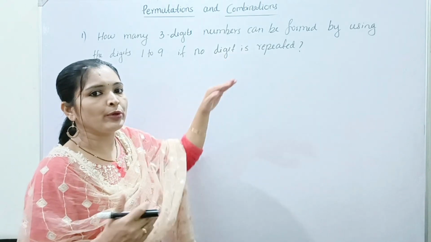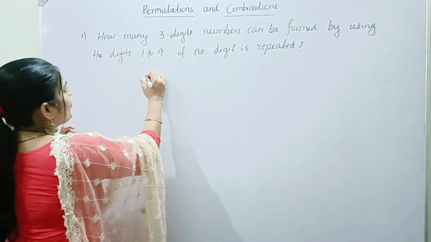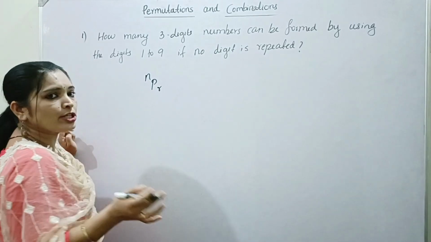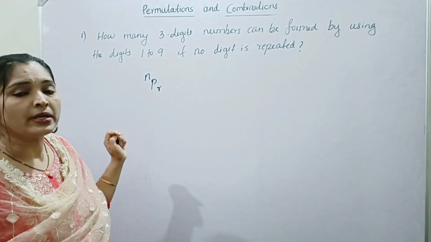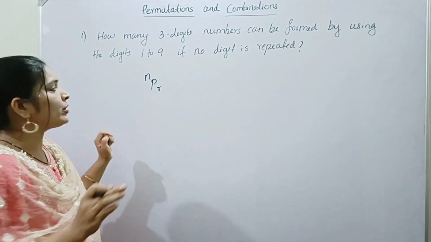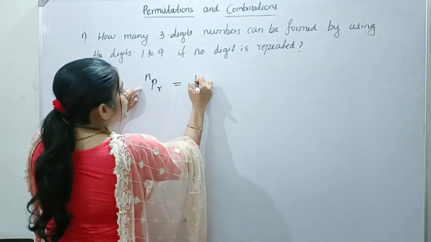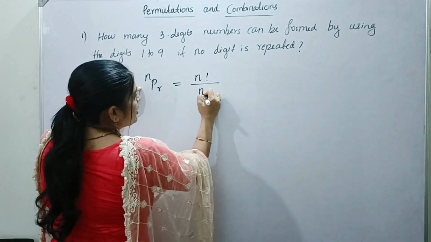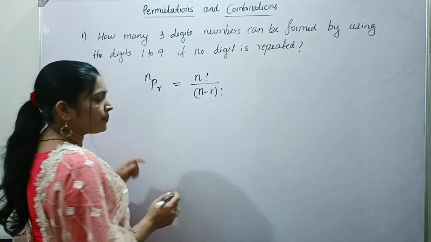So the number of permutations of n different objects taken r at a time, with repetition not allowed, is nPr, which is equal to n factorial divided by n minus r factorial.